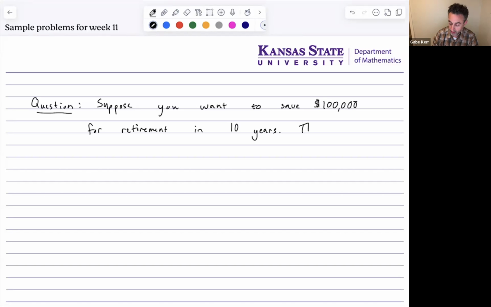The bank offers an interest rate, a savings rate of, let's say it's a very generous bank, 8.8% compounded annually.